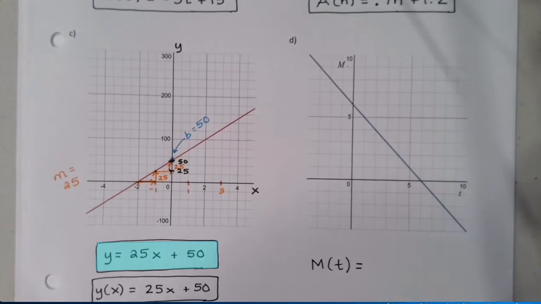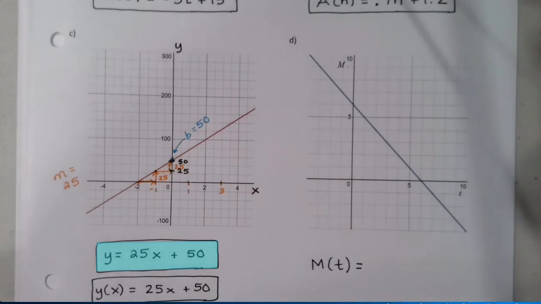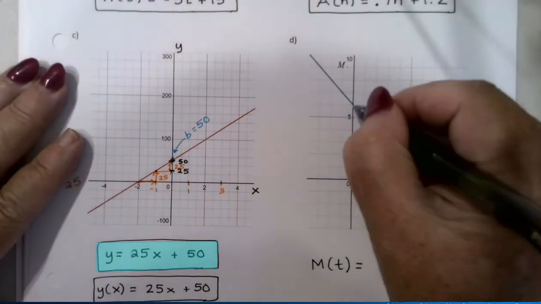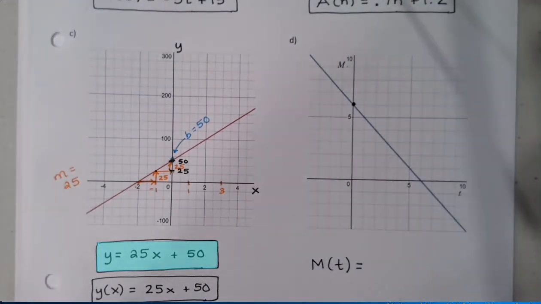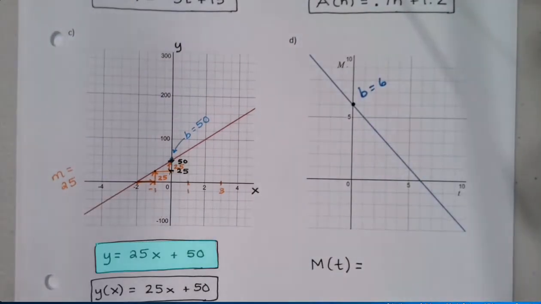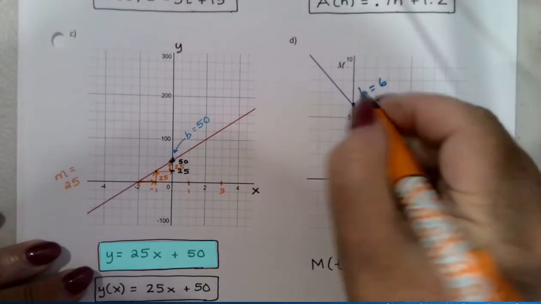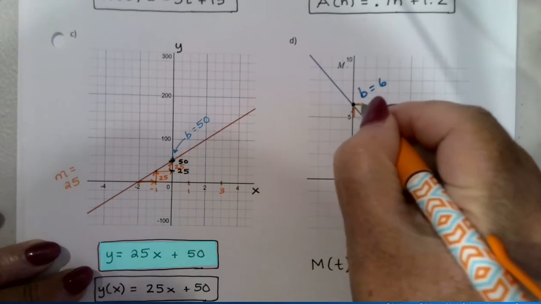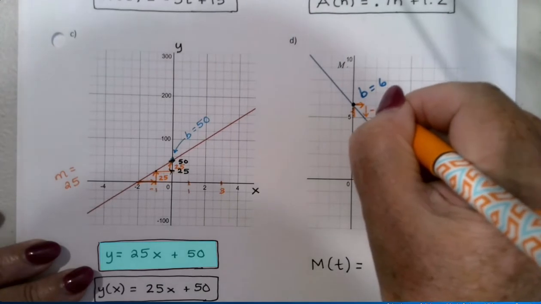All right, so I need to start with the slope. When x goes up by 1, what happens to y? So I'm actually going to start right here on the y-intercept. We already know that's the y-intercept, so b is 6. When I get to the point that I need that, I already know it. Now it looks like if I let x get bigger by 1, the y value just goes down by 1, negative 1.